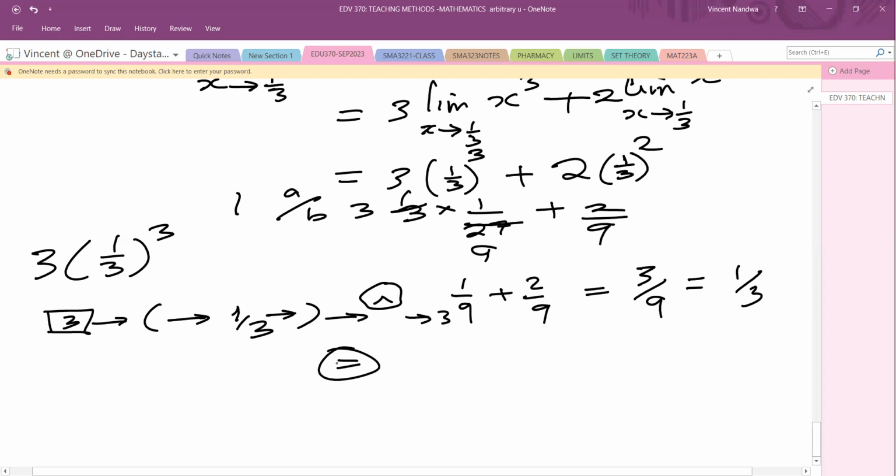Yes, after pressing the raise button, then you press 3. Once you close the bracket, you put the raised power function button, and then you put 3. Yeah, so that's what you do.